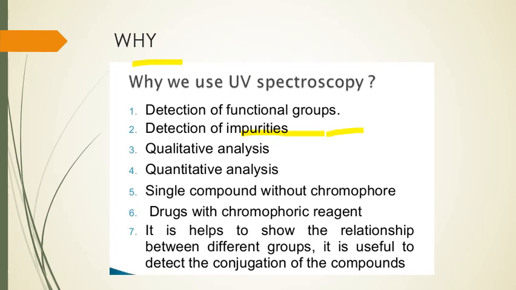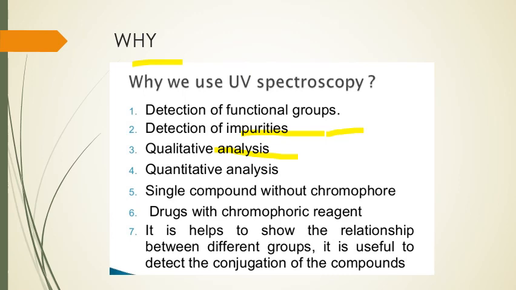Each one of the functional groups has its own wavelength of radiation absorbed in the UV and visible range. It can detect the impurities. We can easily detect the impurities by comparing the spectra with the standard spectra or the pure spectra. So we can easily identify the impurities.